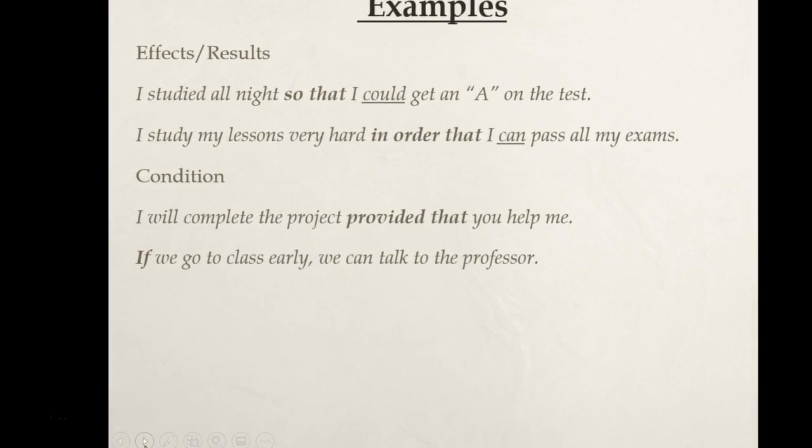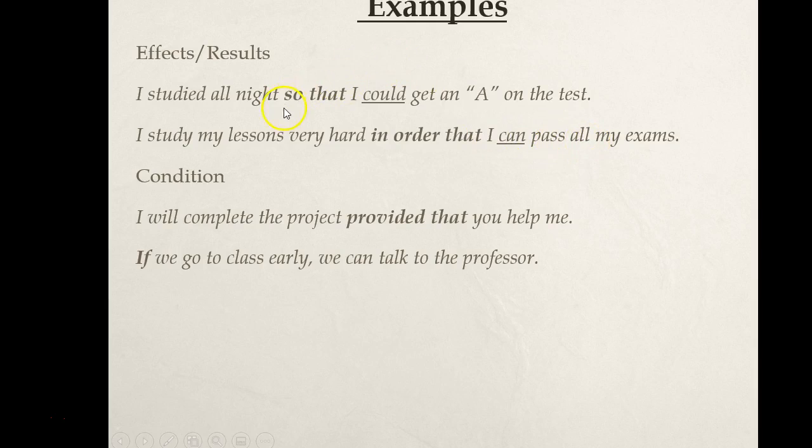Okay. And then here are some examples of sentences that have conjunctions that show effects or results. I studied all night so that I could get an A on the test. I study my lessons very hard in order that I can pass all my classes.